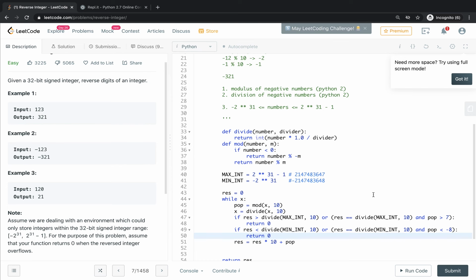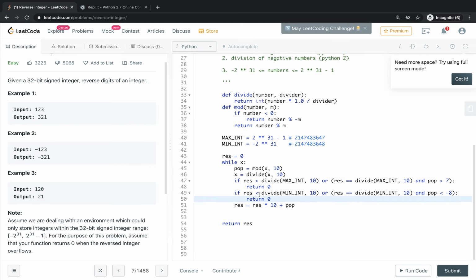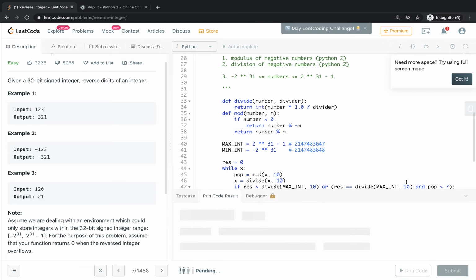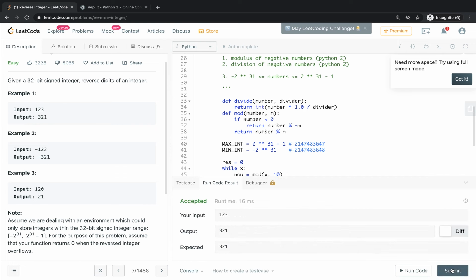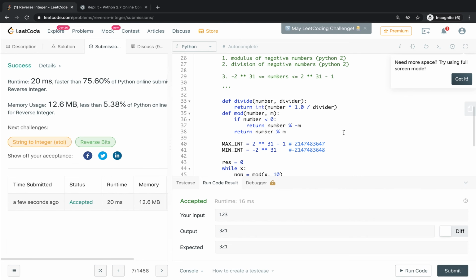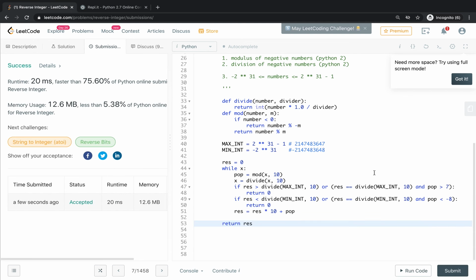As opposed to doing the check outside the while loop, we have to do the check before res gets multiplied and incremented. This is actually correct from the standpoint of an interview. Let's try this one out. Okay, it works for the basic case. So this one worked, and that's basically the correct implementation.